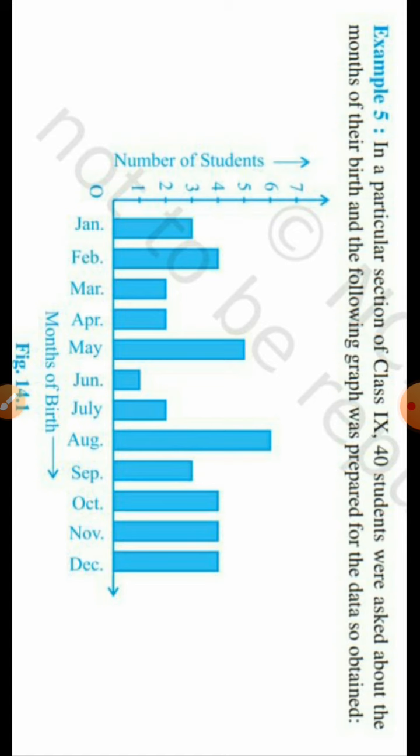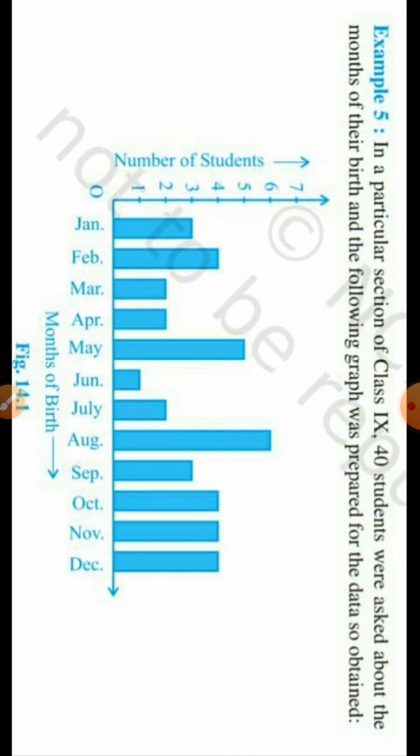So in August, 6 students were born. For the remaining months, you can say how many students were born in a particular month, but now we are interested in August only. So obviously the answer will be 6 upon 40.